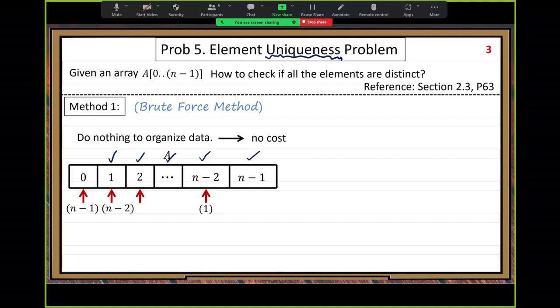All right, this is the brute force method. In this brute force method, you can see it can solve the problem. And in this solution, we can look at its best case, worst case, average case efficiency.